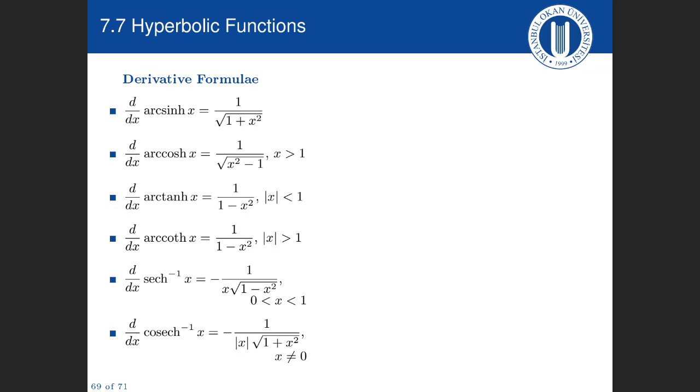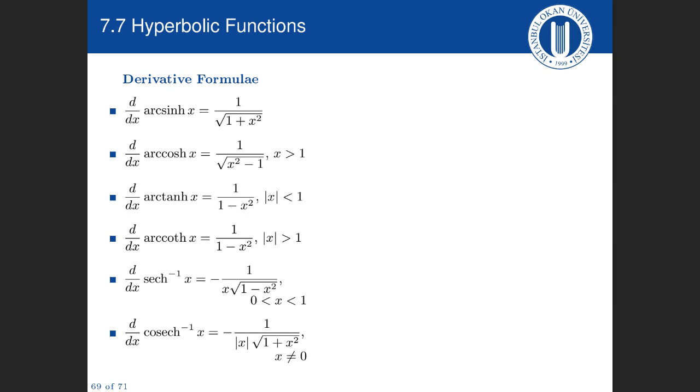The derivative of arccosh is 1 over the square root of x squared minus 1, as long as x is greater than 1. The derivative of arctanh x is 1 over 1 minus x squared, as long as the absolute value of x is less than 1. The derivative of arccoth x is the same thing, 1 over 1 minus x squared, but this is true for absolute value of x greater than 1.